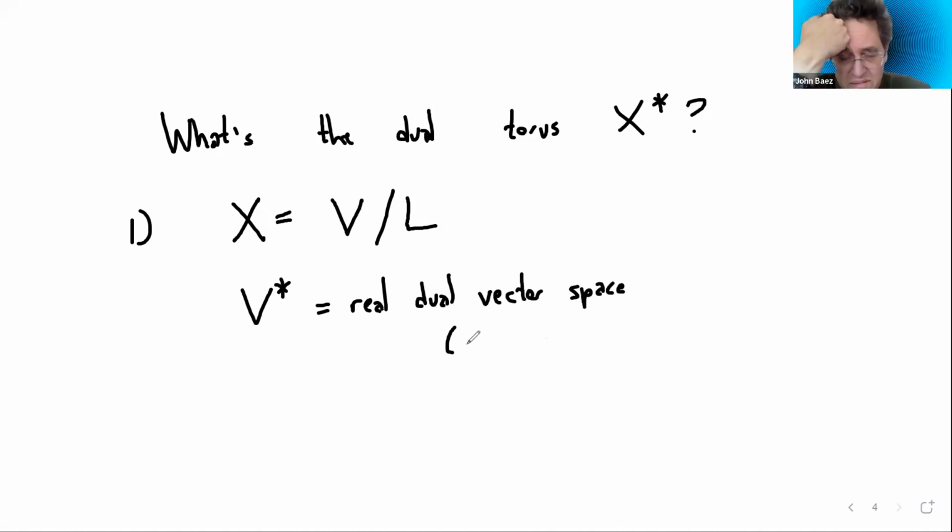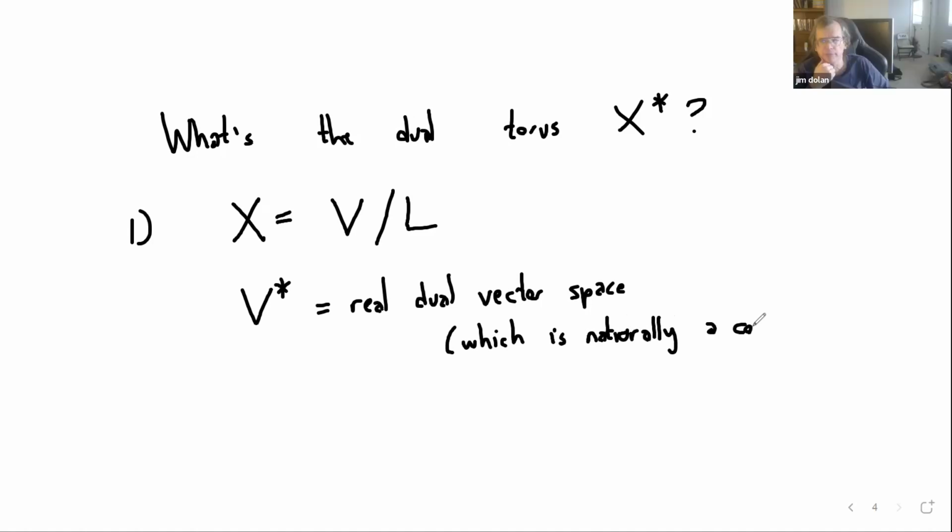But by the way, it's a complex vector space, which is naturally a complex vector space, because X was. I think I might have mentioned that in the last discussion. Yeah, you did mention that. I did. I didn't explain it in any good way, but I was groping towards something like that.